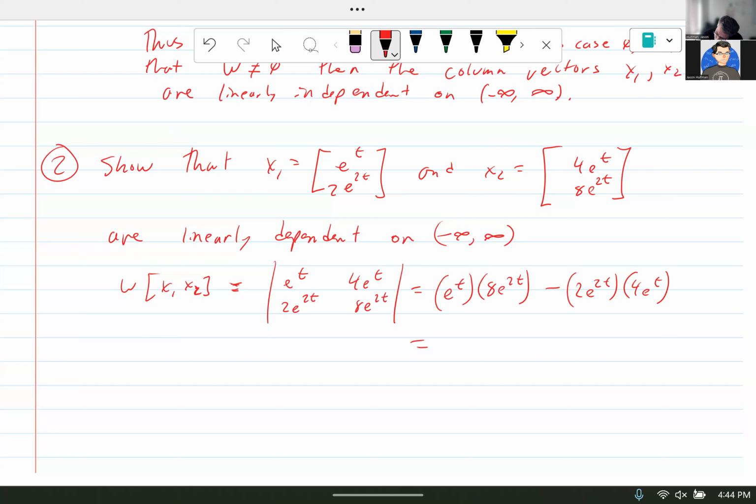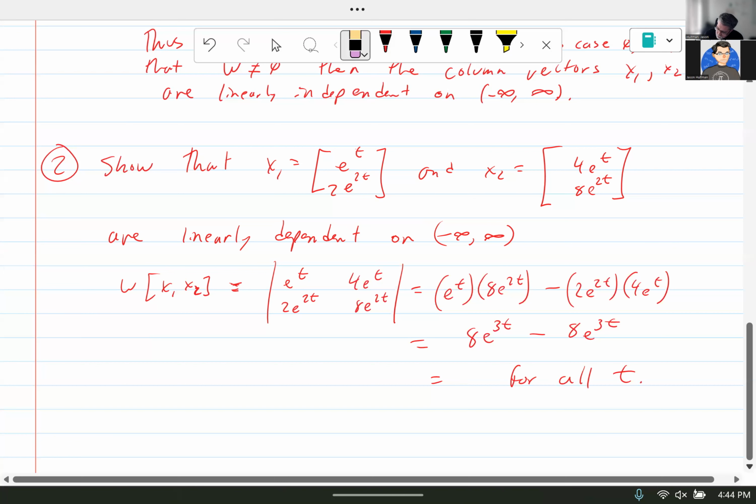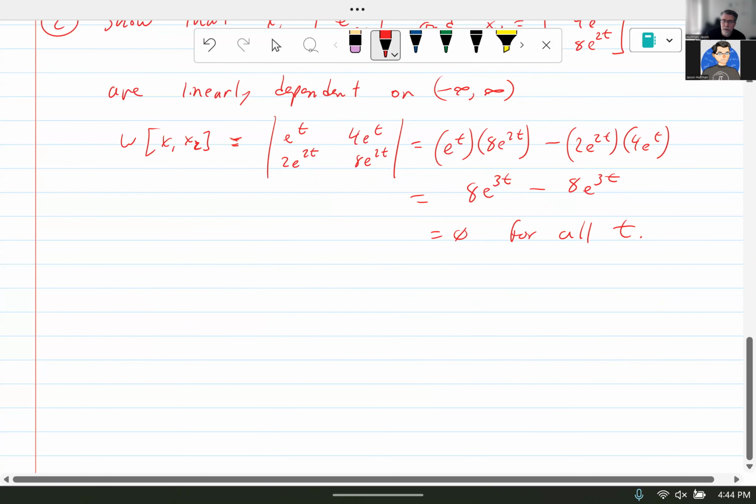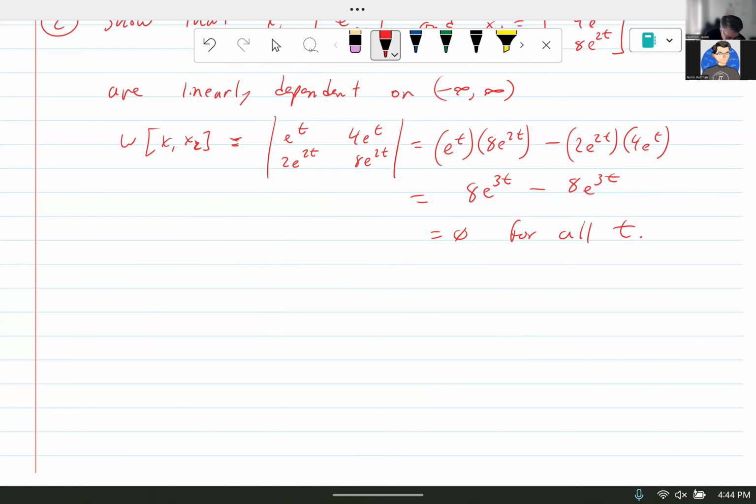So this is equal to 8e to the 3t minus 8e to the 3t, which is 0 for all t. So there is no t value that will get this to be non-zero. It's always 0. Therefore, the system is linearly dependent on negative infinity to infinity.